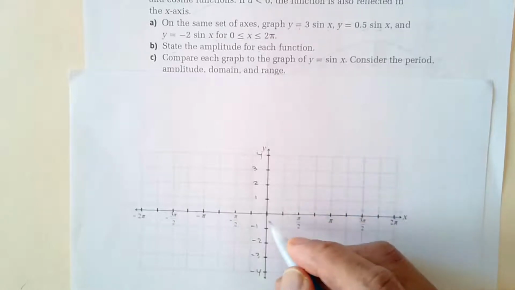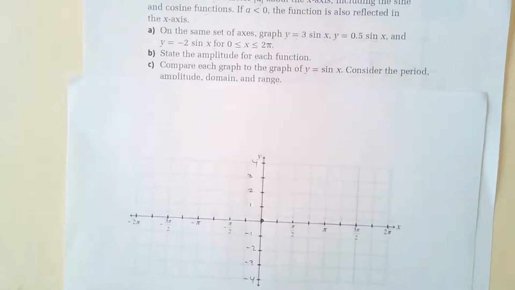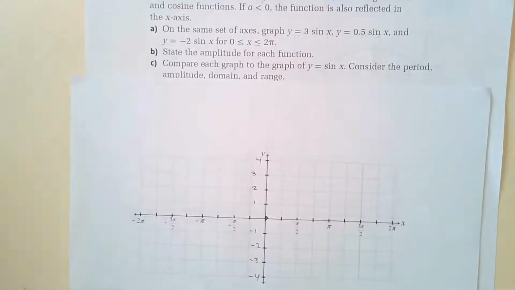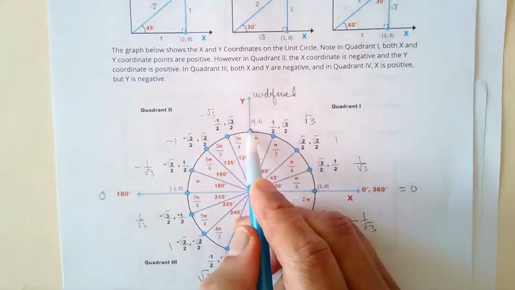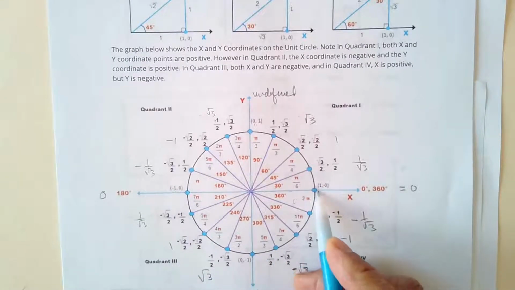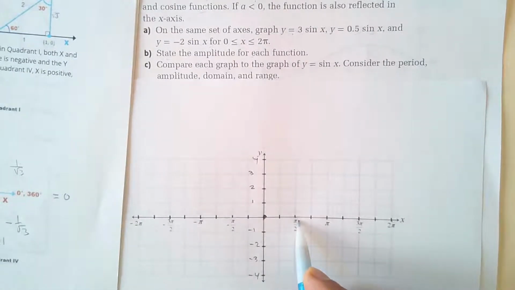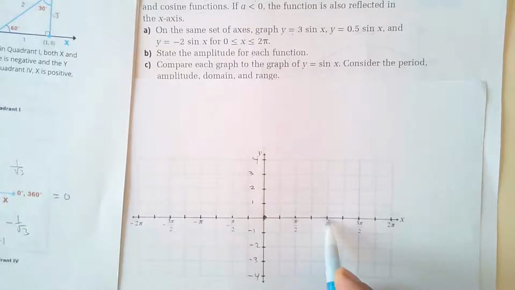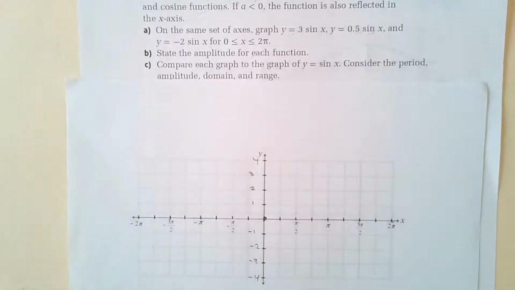When you're sketching a sine function, you're looking at 4 parts to it, like a replication of your unit circle. We start from 0, pi over 2, pi, 3 pi over 2, and 2 pi. Those are the critical points you're looking at. We can add more in between, but these are the points you need.